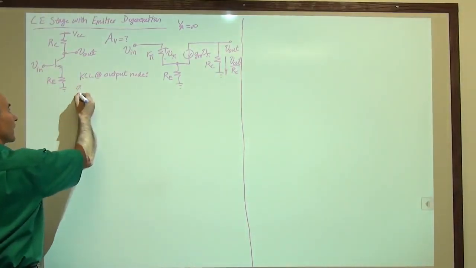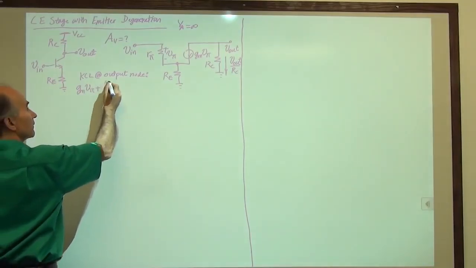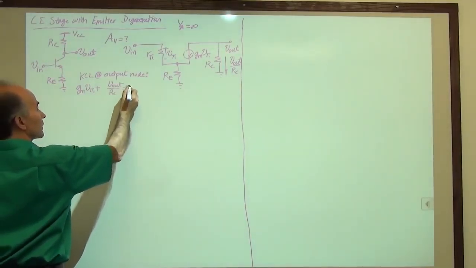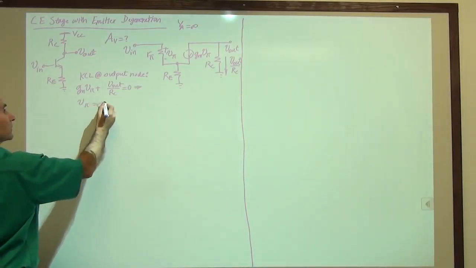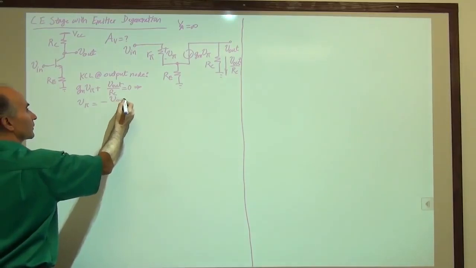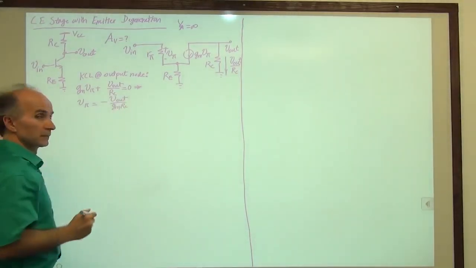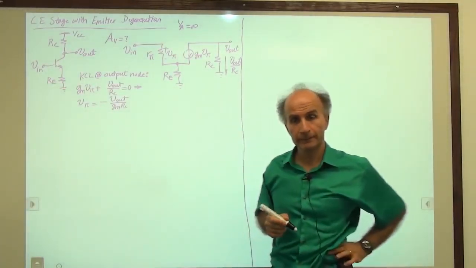So we have GM V pi plus V out over RC equals 0, which means V pi is equal to minus V out over GM RC. Very good. We found V pi. We don't have to worry about V pi anymore.